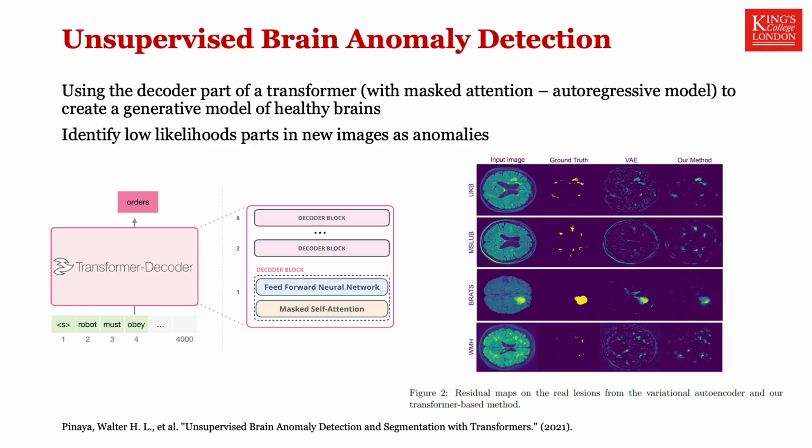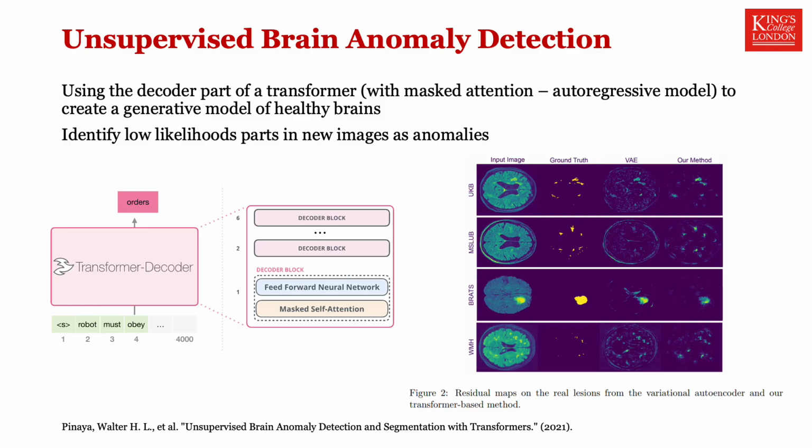So what you can do is find areas that have a low likelihood, so where they shouldn't be there, and replace them with an observation that would increase the likelihood, meaning that it will make the brain look a little bit more normal.